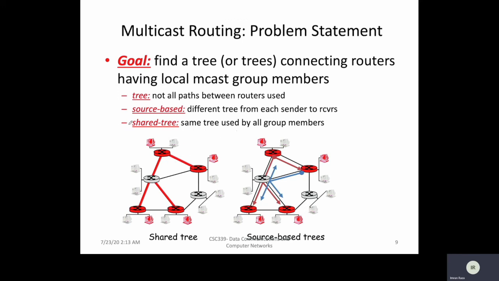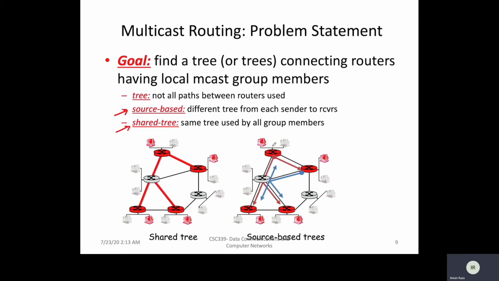So we have already discussed that we can have two types of trees: either based on the source, or there can be a shared tree. So look at this example. Here we have a source-based tree, and we are assuming that the routers represented with red color have some multicast group members attached to them, also highlighted with red color.